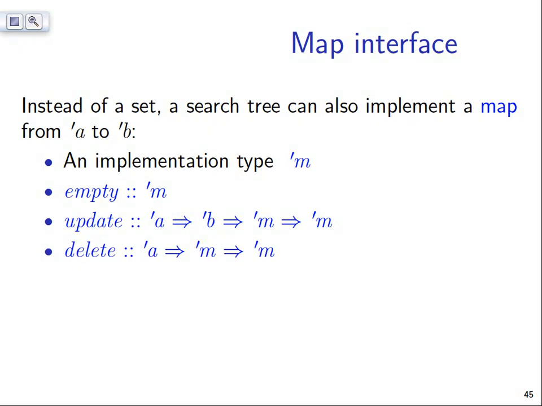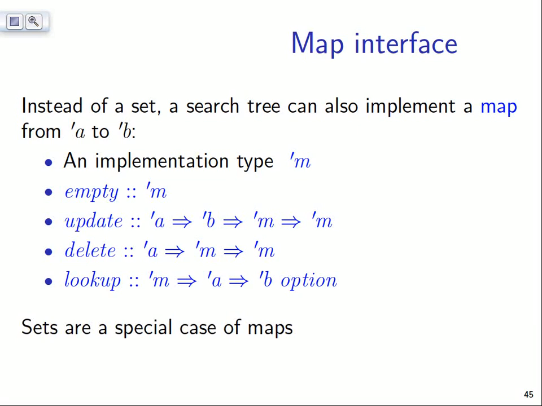And you have a delete function that removes an element from the map. And you have a lookup function that, given a map and an element, gives you back the element that this argument is mapped to. And of course, it's an option because it might not be mapped to anything because it's a finite map.